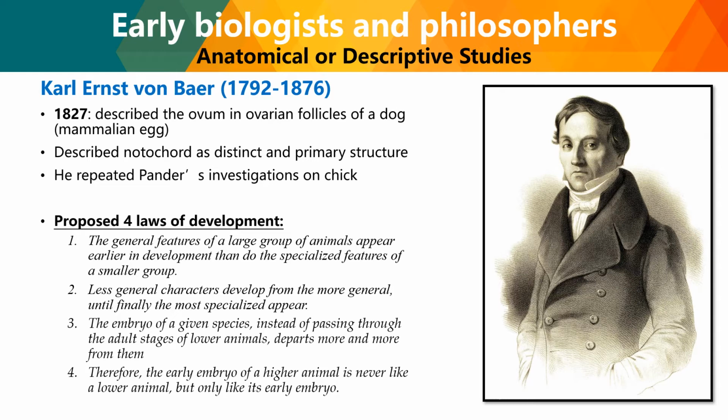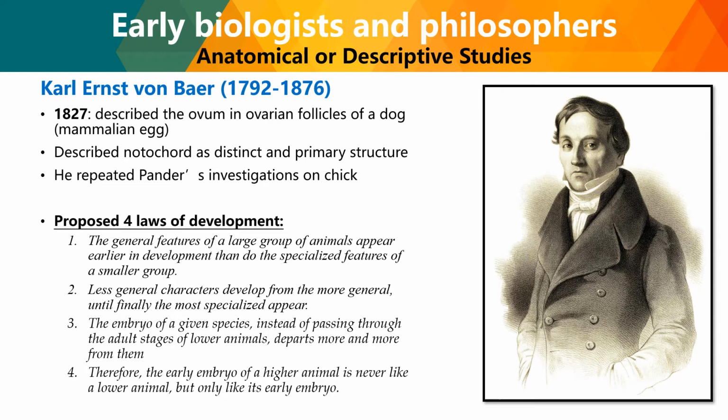And then next, the embryo of a given species, instead of passing through the adult stages of lower animals, departs more and more from them. And therefore, the early embryo of a higher animal is never like a lower animal, but only like its early embryo. So, from his 4 laws, it's already giving you the idea na kahit papano nabubuo na yung concept of how a development of an organism happens.